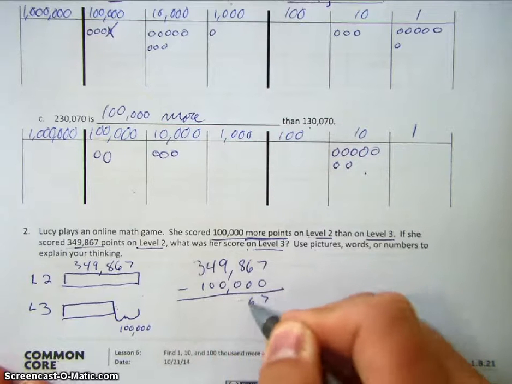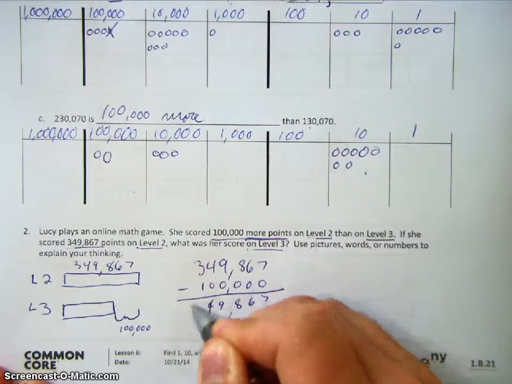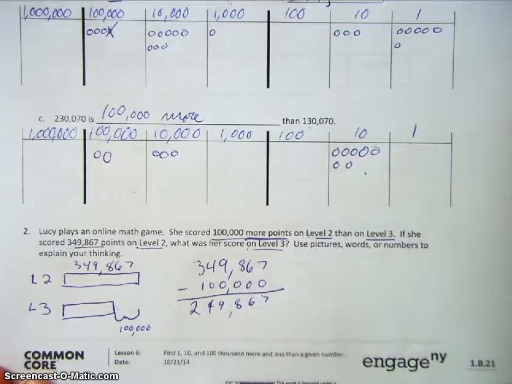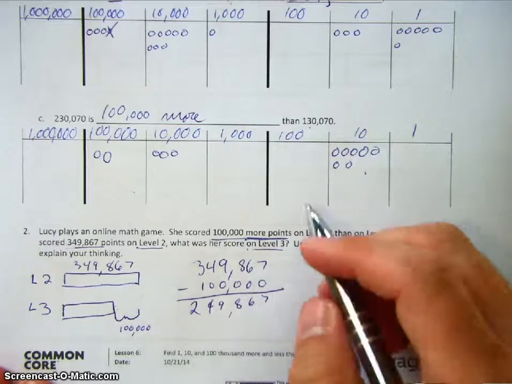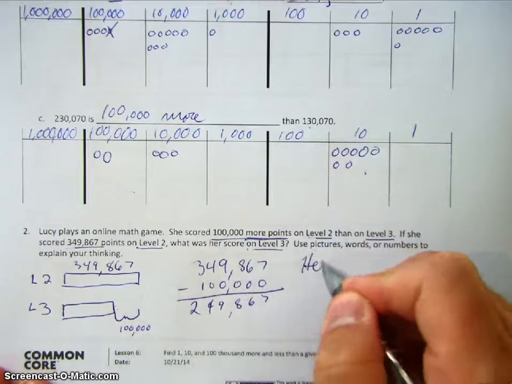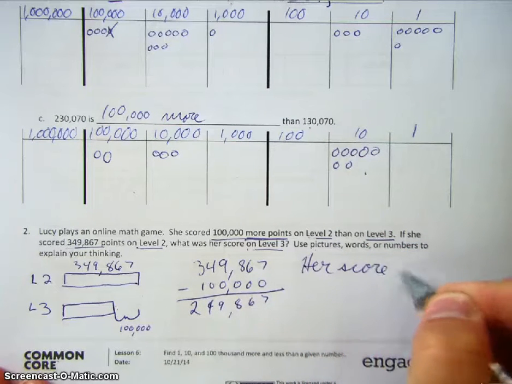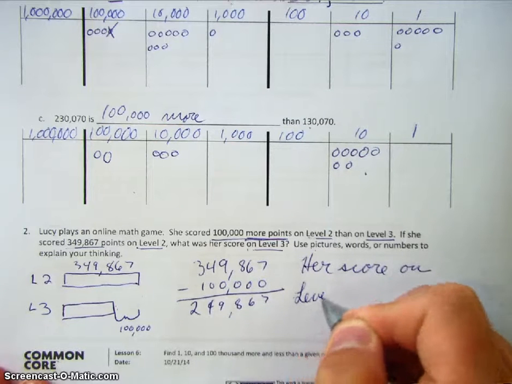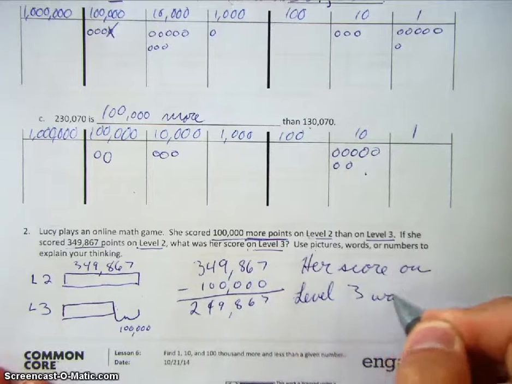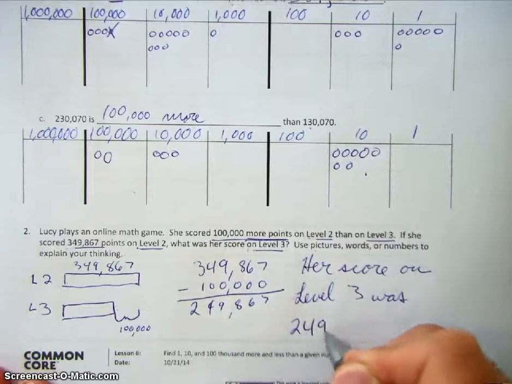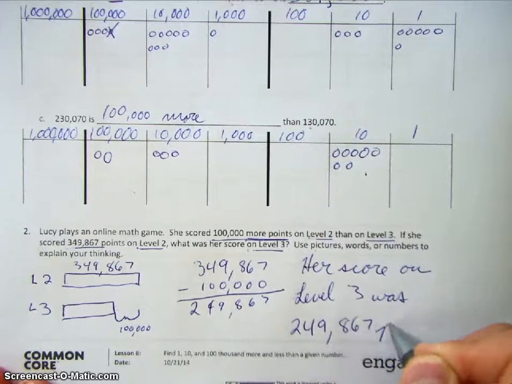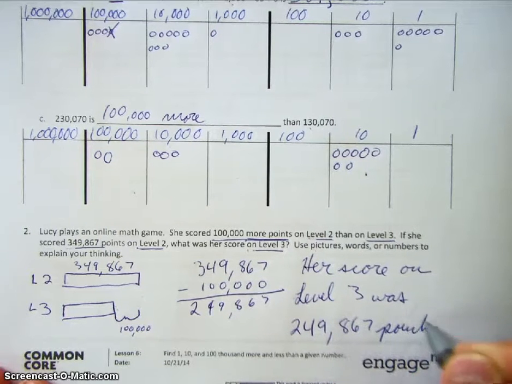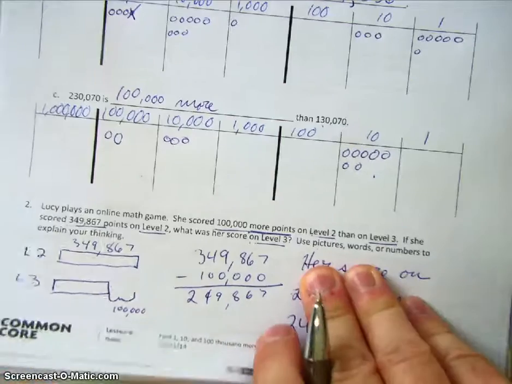Okay, and when we subtract all this out, we get 249,867. So her score on level 3 was 249,867 points.